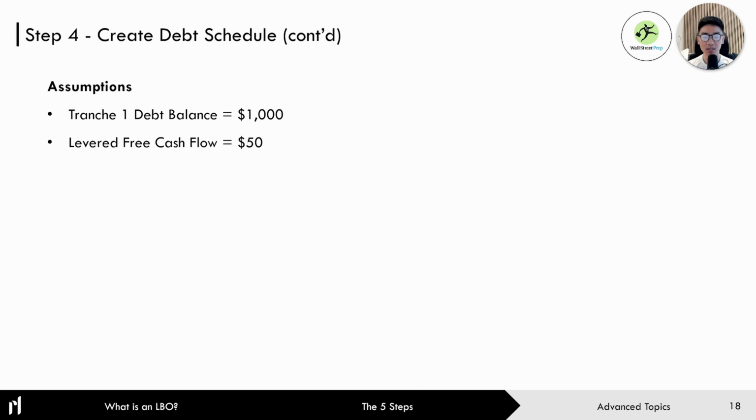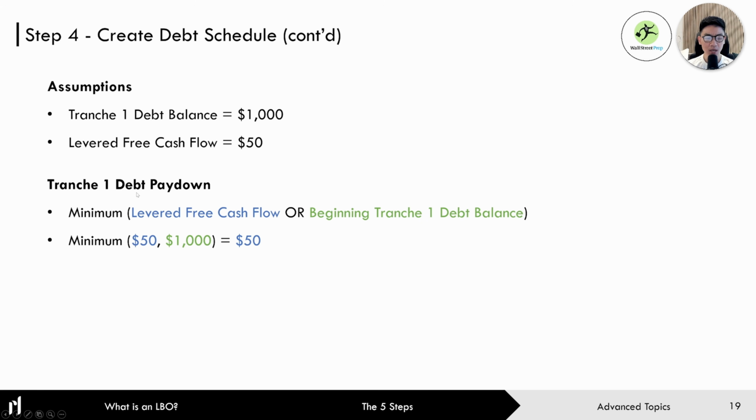But one thing I really want to quickly go over that is a little bit tricky when you're modeling your debt schedule is what we're going to go through right now. So let's assume that you have one tranche of debt. Your first tranche is $1,000, and then you have levered free cash flow of $50. So when we are going into our model, we're going to be using a minimum formula.